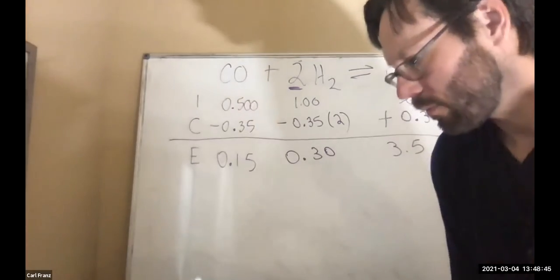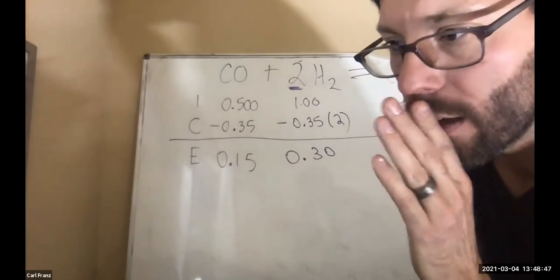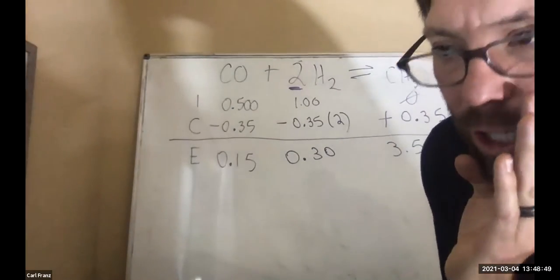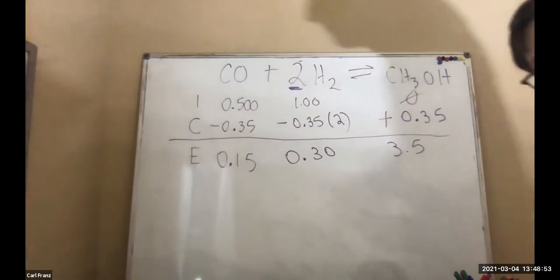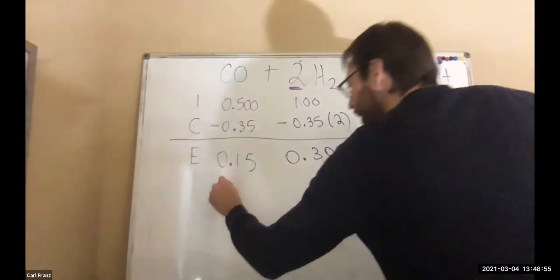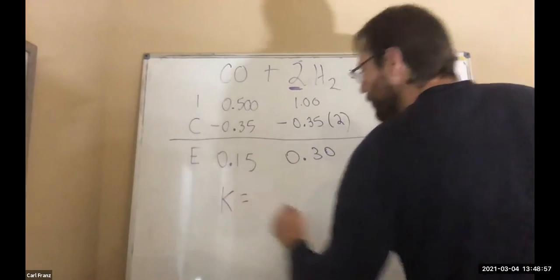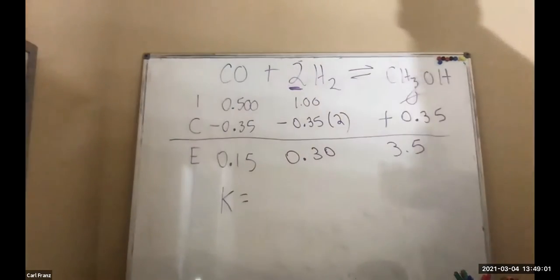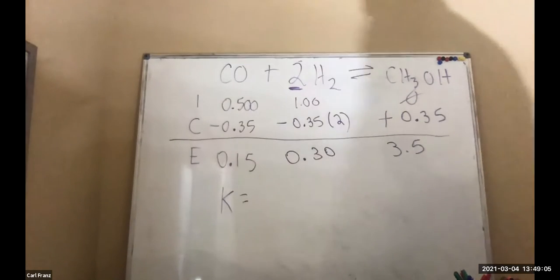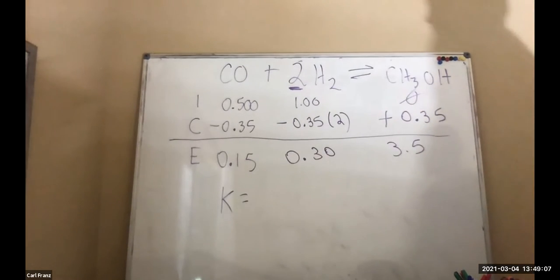Hint: equilibrium expression. Right? K equals what over what? Products over reactants.